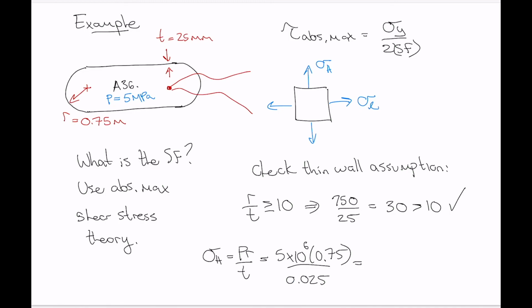That's giving us 150 megapascals. And now it's easy because you don't even have to put in any work to calculate the longitudinal stress. You know that it's PR over 2t, which is 1/2 of the hoop stress, which is 75 megapascals, half of 150.